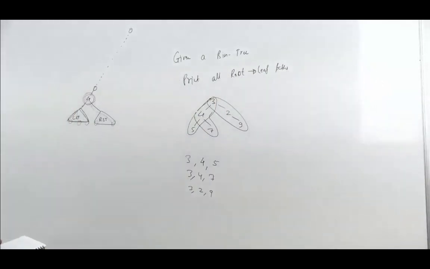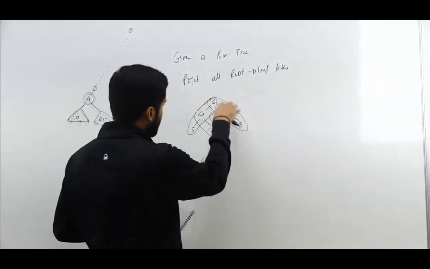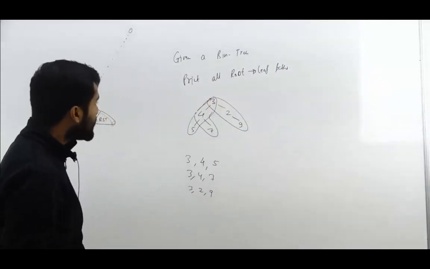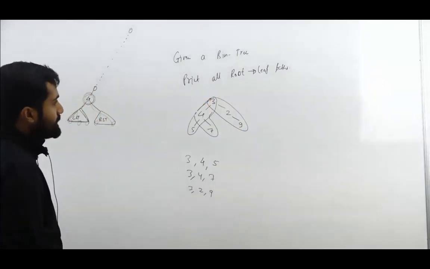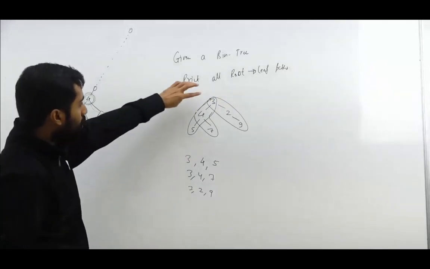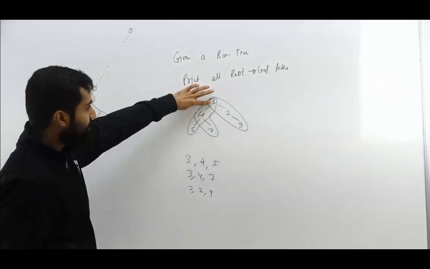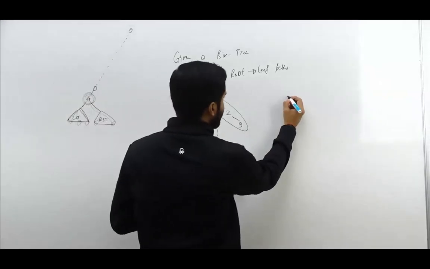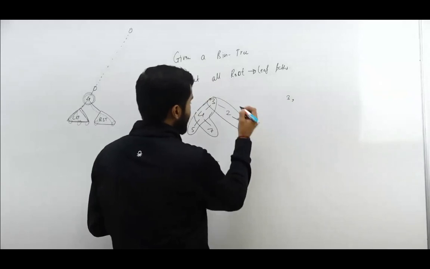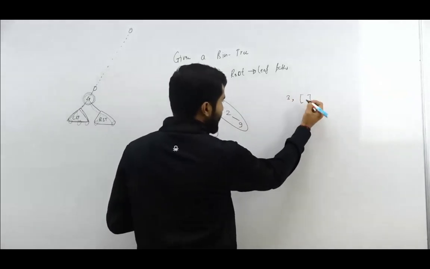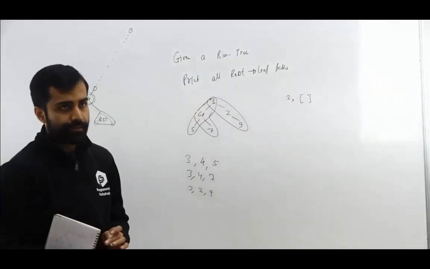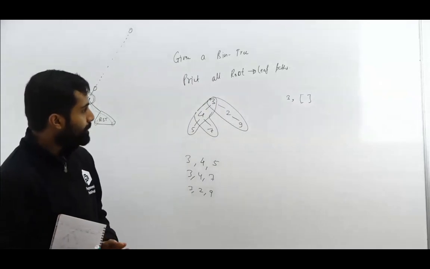So let's just take a quick example. I'll draw. So look at this particular tree. What I'm going to do is I'm going to make a call at this particular node. When I make a call at this particular node, let me draw it. Let's say this node is 3, and I'll pass over here an empty list, an empty array, whatsoever you say. Okay.